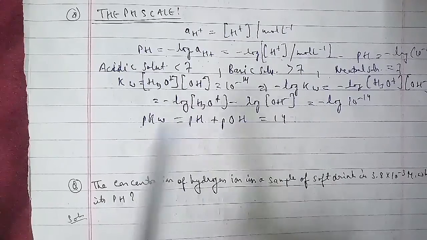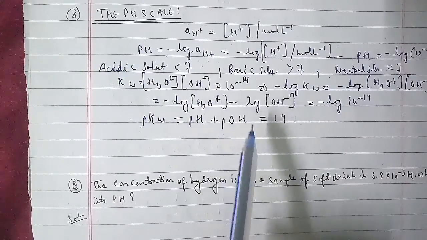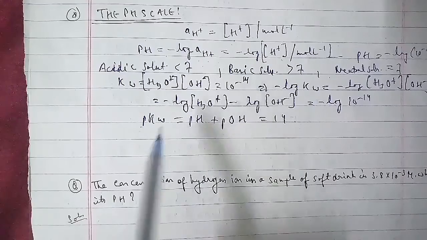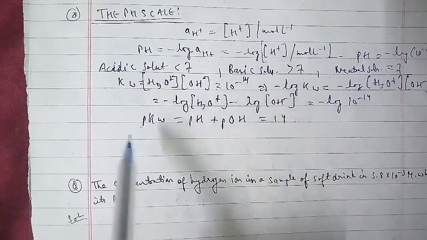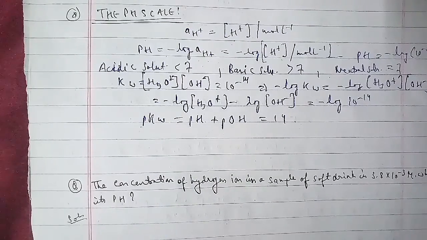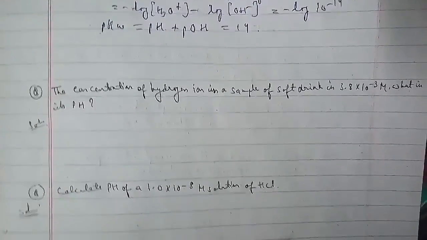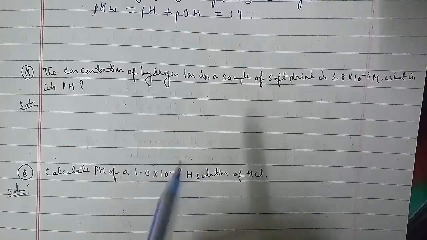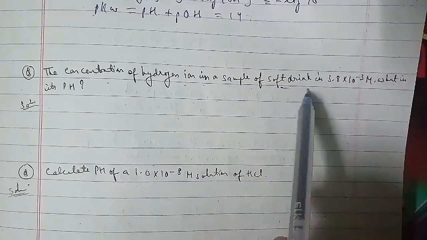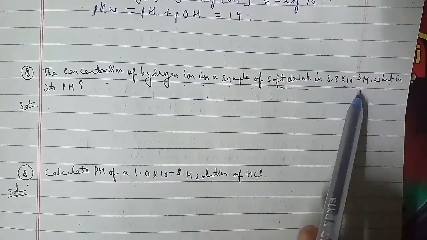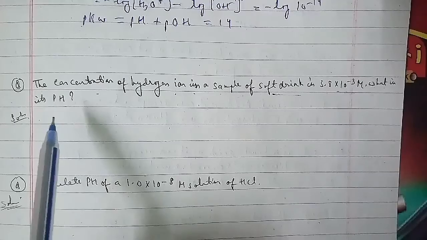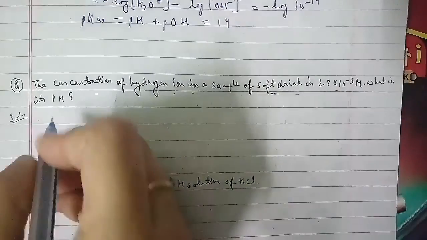So you have to find this out, and the solution will be pH equals minus log of 3.8 into 10 to the power minus 3, as given here, which equals minus log 3.8 plus log 10 to the power minus 3, that is minus 0.58 plus minus 3.0, which equals minus 2.42, so the pH is 2.42.